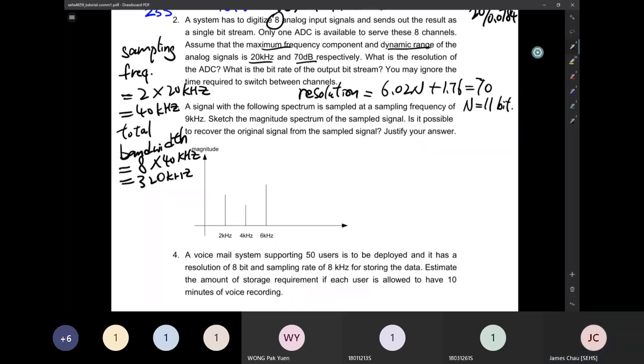Therefore, the output bit rate should be equal to 11 times 40K, which is equal to 440 kilobit per second. Okay. Any question?